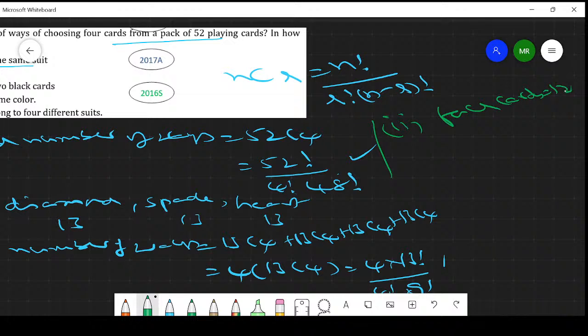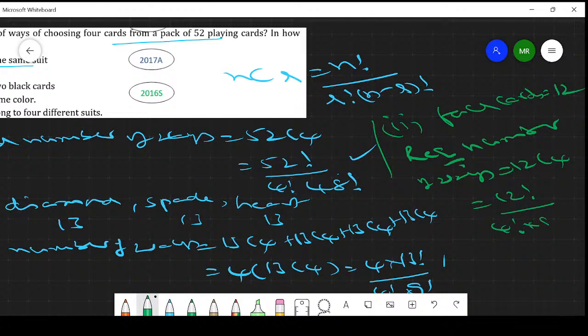Required number of ways, here also I get the required number of ways. I can write 12C4. 12C4 means 12 factorial by 4 factorial into 8 factorial. That way you can find that. That will be your answer for the second case.